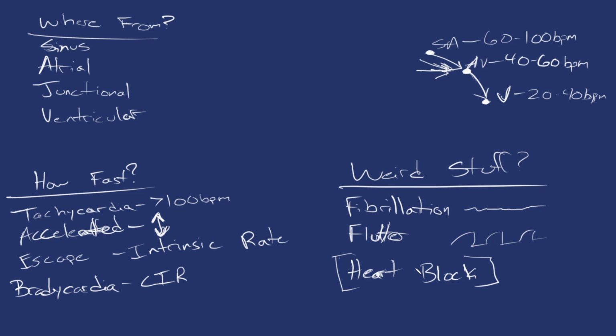The important thing to remember is that while they do affect the rhythm, generally we're not referring to the entire rhythm just as a heart block, because you could still have a sinus rhythm with a second degree heart block. Okay, so whenever we're talking about rhythms, we want to talk about whatever the underlying rhythm is. So we're talking about where this signal is originating from, and then we can add on things from there.